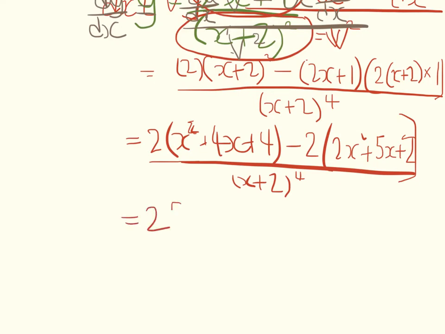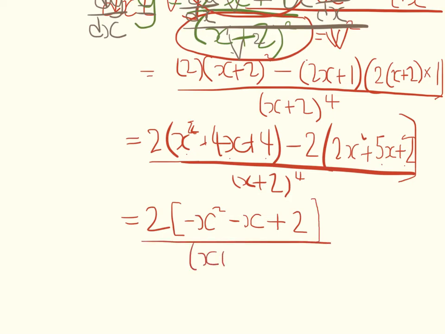So if we keep the 2 out the front, then we've got x squared, take away 2x squared, so that's minus x squared, 4x minus 5x is minus x, 4 minus 2 is plus 2. And then that's all over x plus 2 squared.